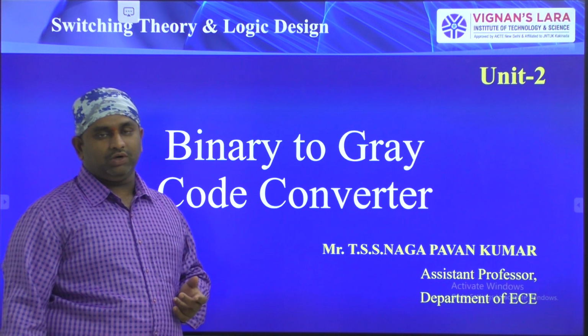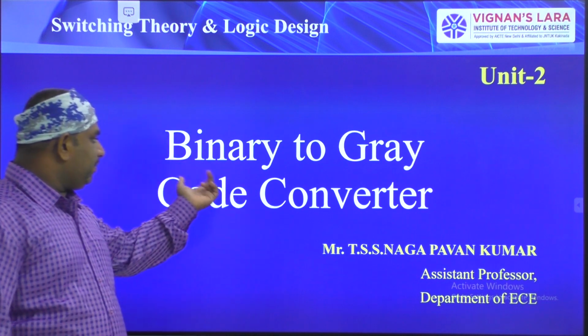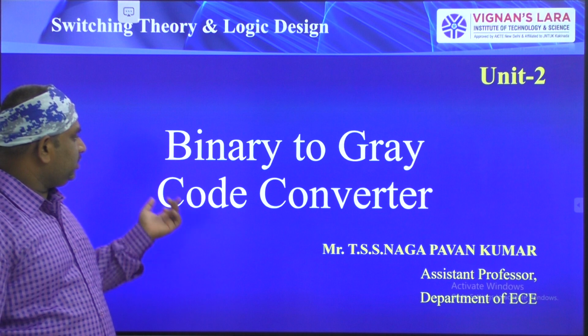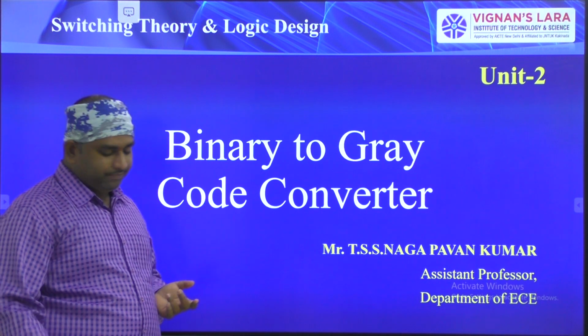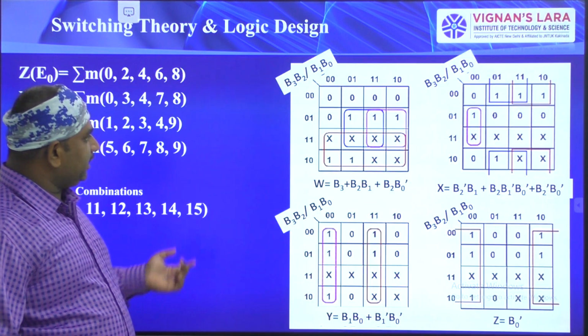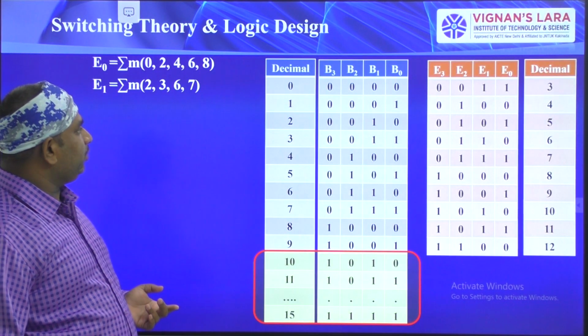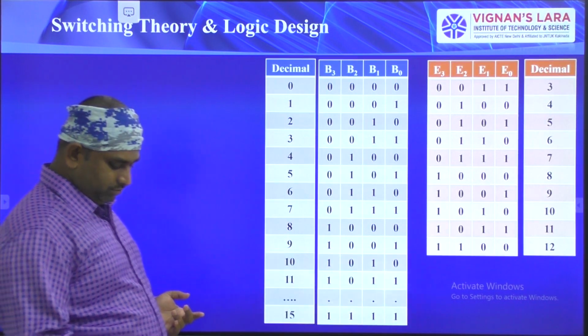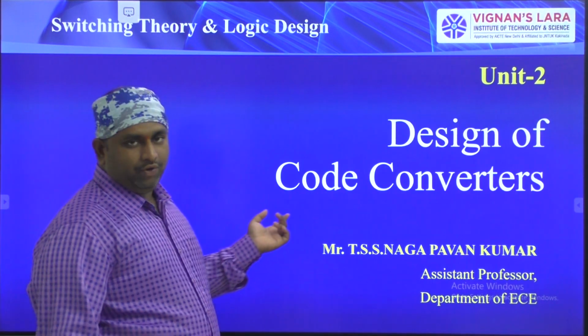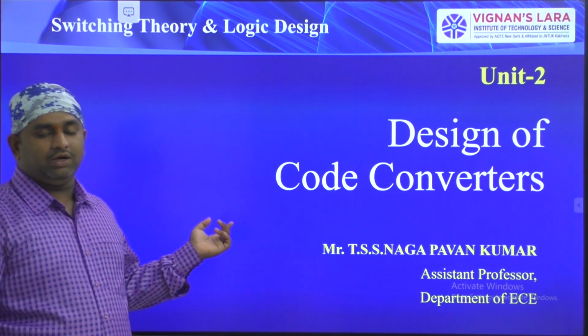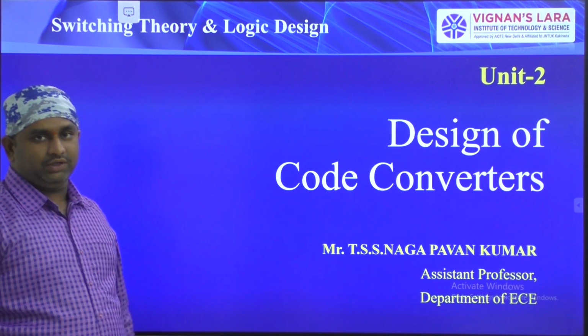In these code converters, we are going to see the binary to gray code converter. First, take a small look at an overview of code converters. We are discussing the design of code converters.